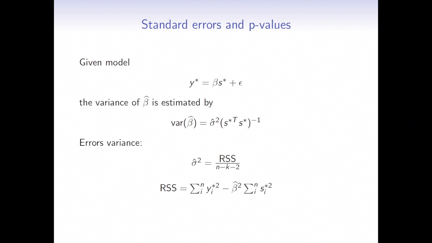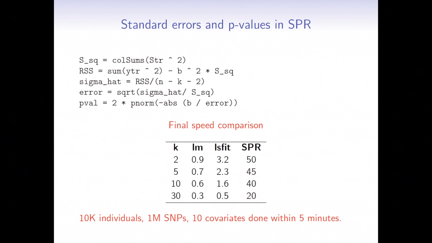However, assuming that n is very large, it won't have much influence on the final result. The residual sum of squares is also computed very easily using basic matrix operations, and it's very easy to semi-parallelize. So here we see how we do that in R. Actually, every operation needs only one line of simple code. And here I calculate the p-values based on the normal distribution, and we take the lower tail to avoid numerical precision errors for the very small p-values.